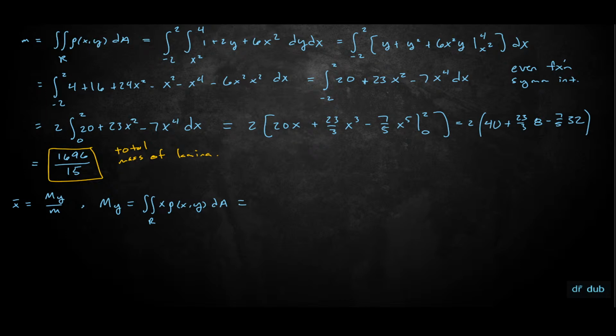So this is going to be the integral from -2 to 2, integral from x squared to 4, x times 1 plus 2y plus 6x squared dy dx.